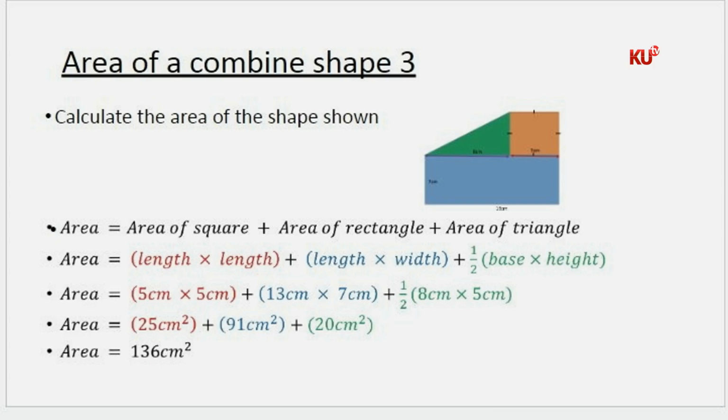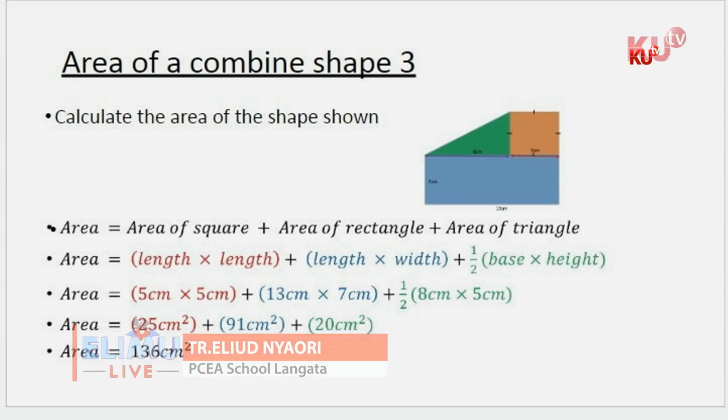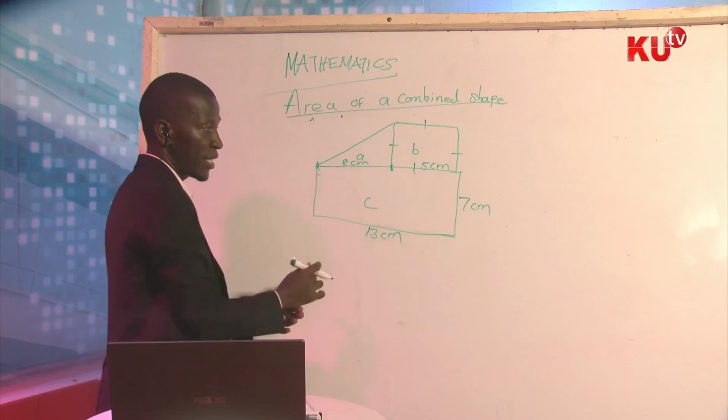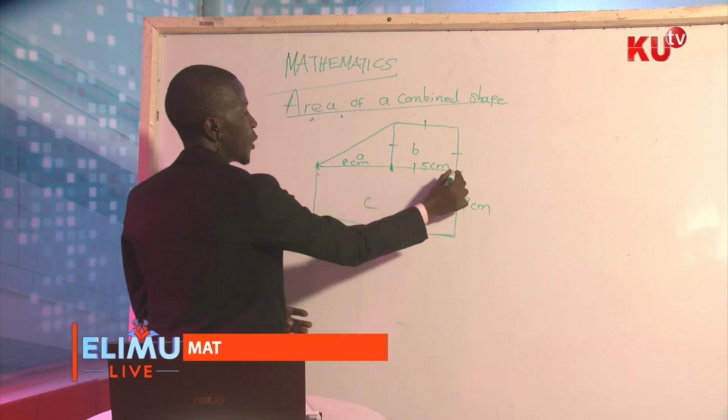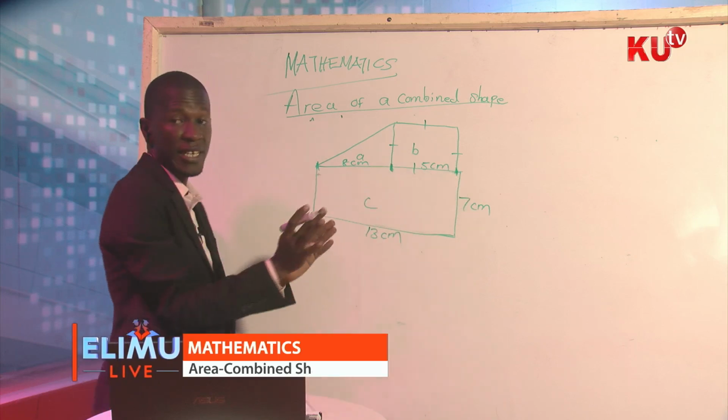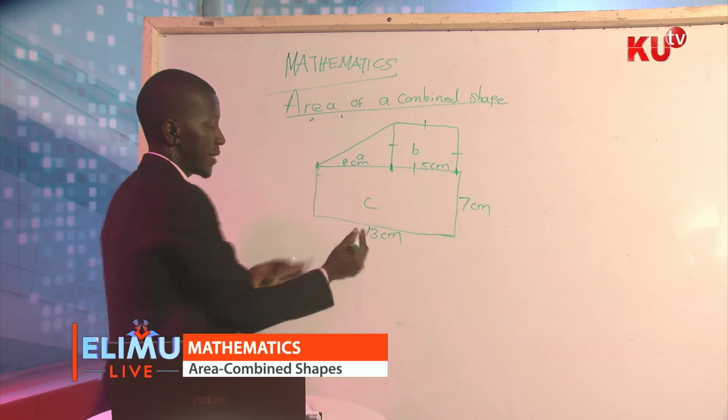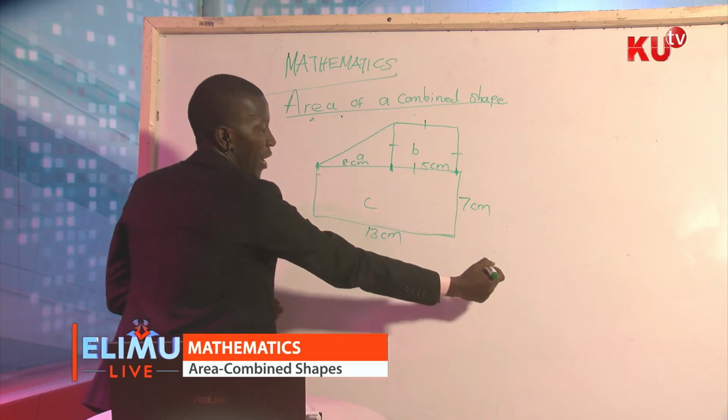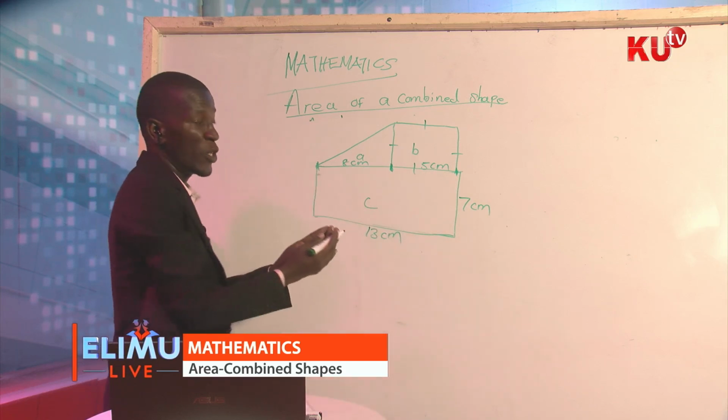Then we have the height of the triangle, which is equal to 8 centimeters. This point to this point is 5 centimeters, which makes the total length for the rectangle 13 centimeters.